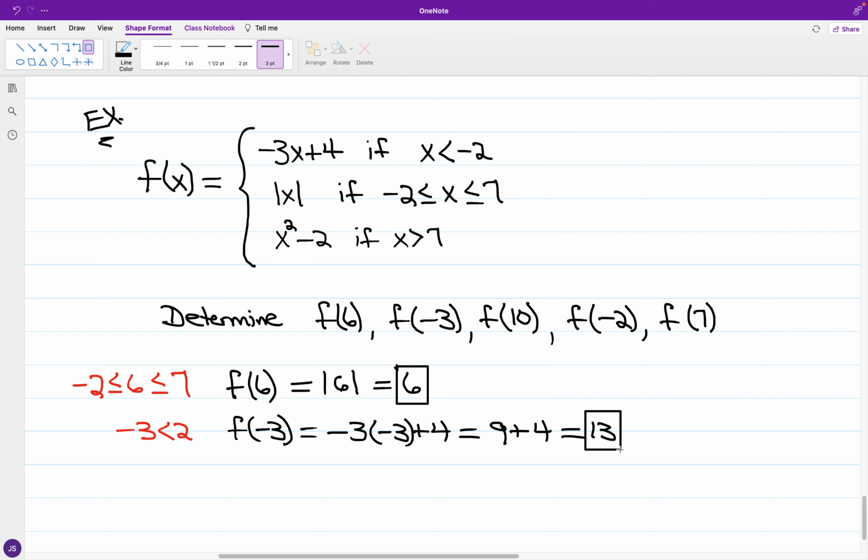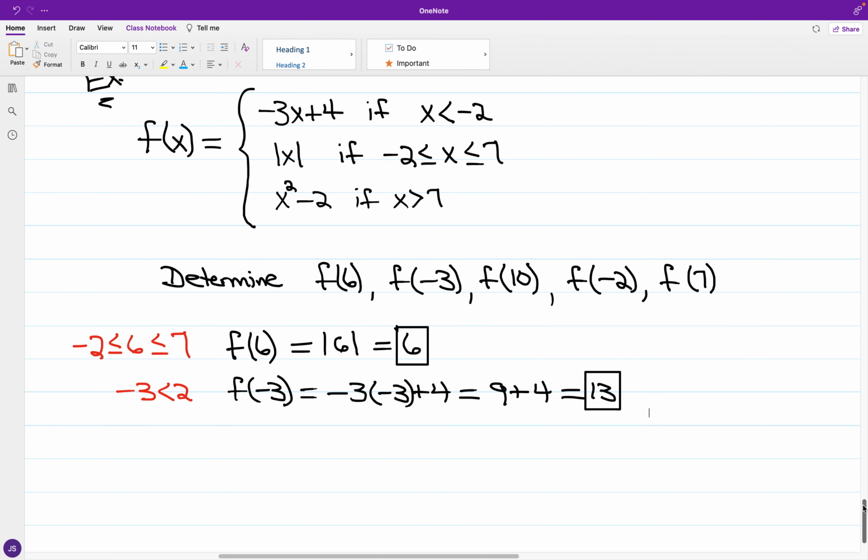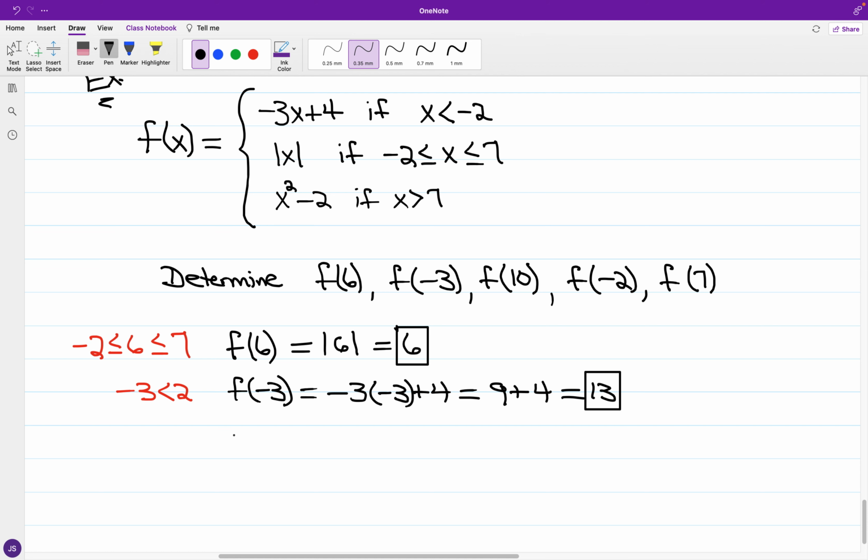Now for what we have concerning f of 10, for f of 10, you have 10 is greater than 7. So x is greater than 7 is the inequality that fits.